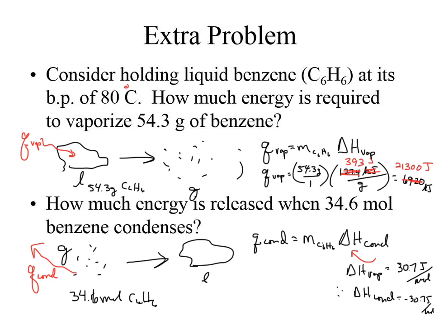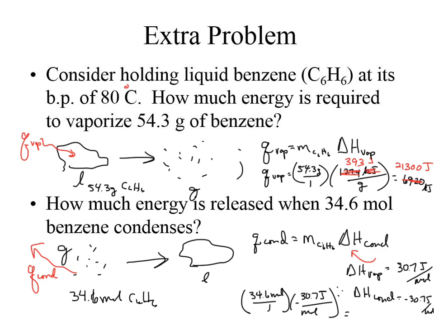So bottom line, we can work this by simply taking the moles, which is 34.6 moles over 1, and then plugging in the delta H of condensation, negative 30.7 joules per mole. All right, 3 sig figs. 34.6 times 30.7.